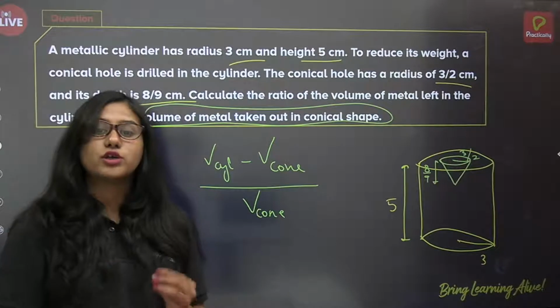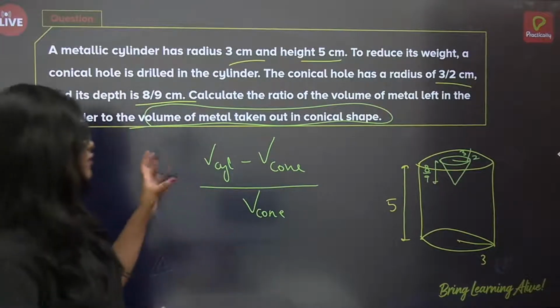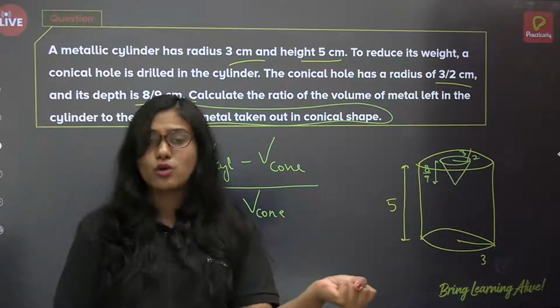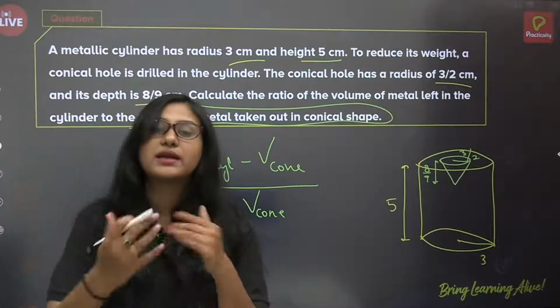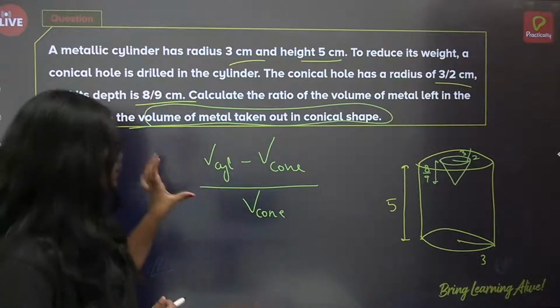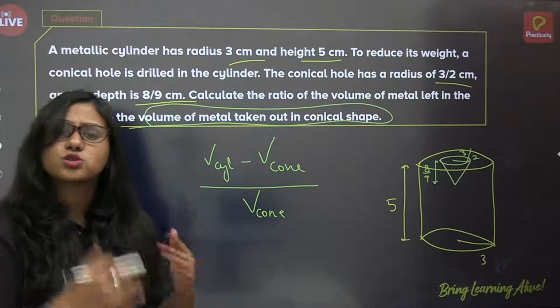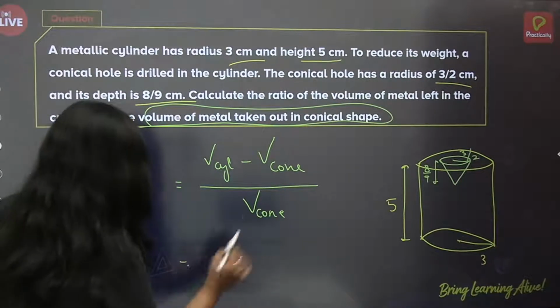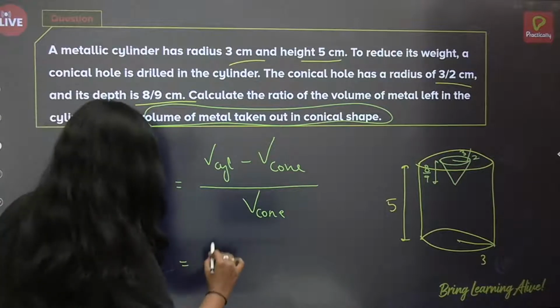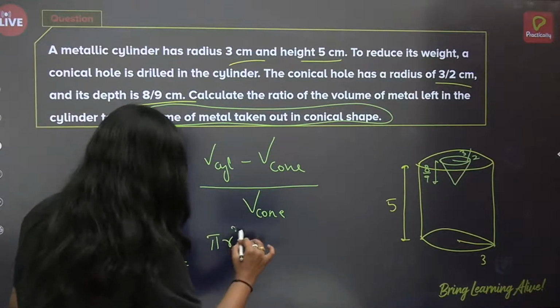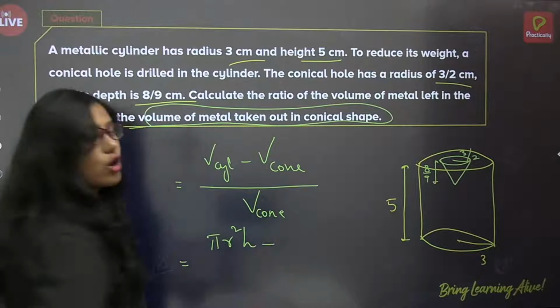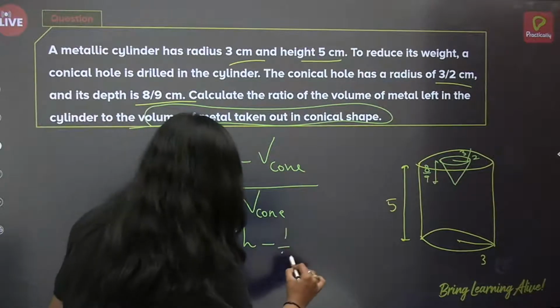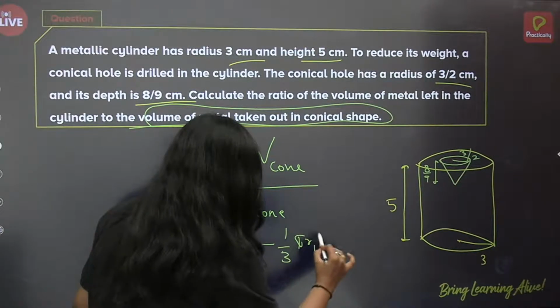Whenever you are doing a ratio problem, or whenever you find that there are some things we can take out common, please don't solve them separately and take the ratio. Just write the ratio like this and solve using the same method. The volume of cylinder is pi r square h, minus the volume of cone, 1 by 3 pi r1 square h1.